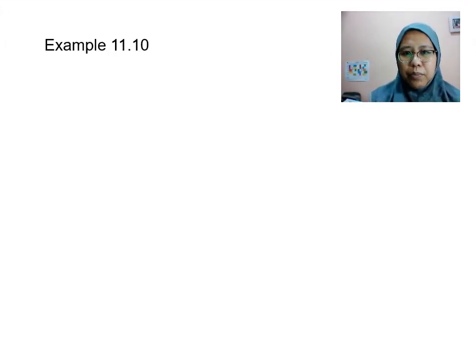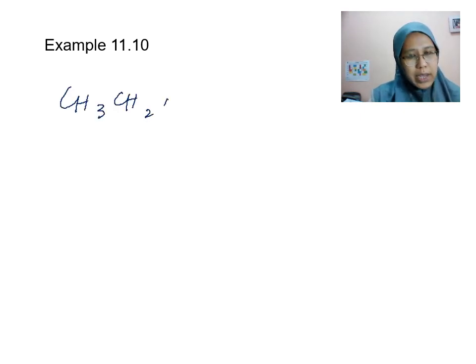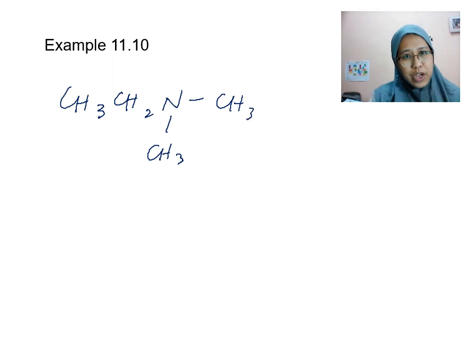So let's look at the example. Example 11.10. Let's look at the reactant here. CH2 and CH3, and we have 3R there. We reacted with, I have to do it like this because I am taking so much space there because I drew it so big.